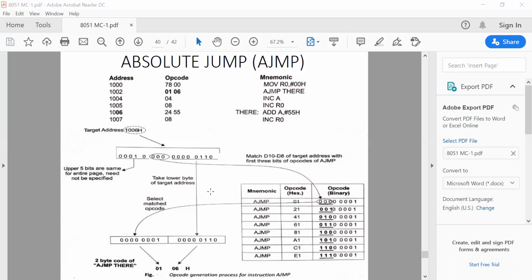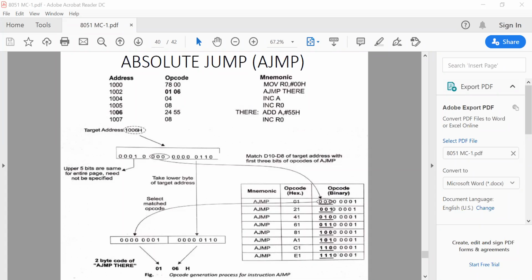So you have to remember this table, this opcode generation of a jump, so that you can calculate any a jump address in your program. It is fixed by Intel.